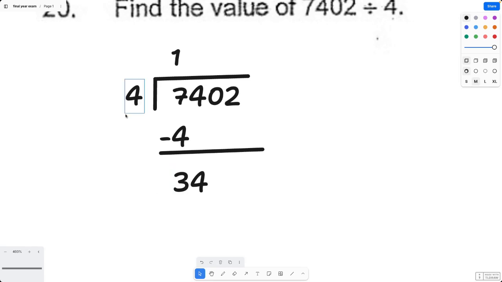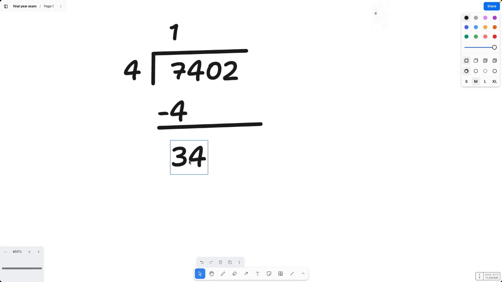So what is a multiple of 4 that we can minus from 34? The closest one will be minus 28. No, sorry, not 28. Minus 32.